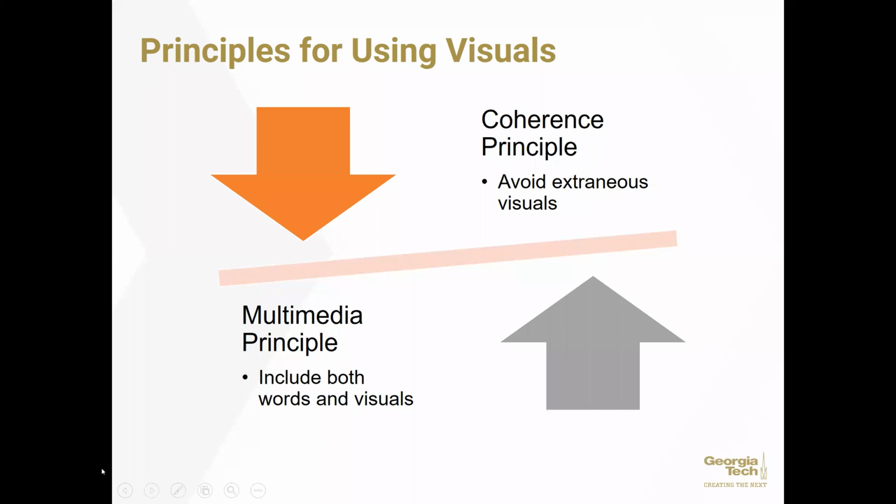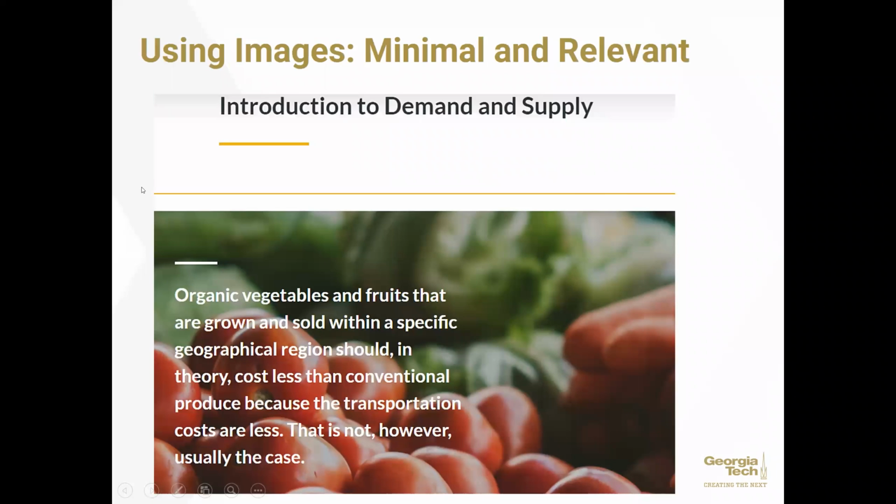These are the two principles when we add visuals to our textbook. We add some images. However, our use of images is still minimal, and we ensure that they are relevant.